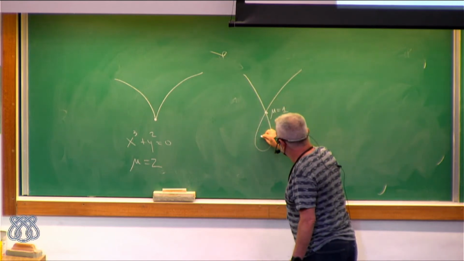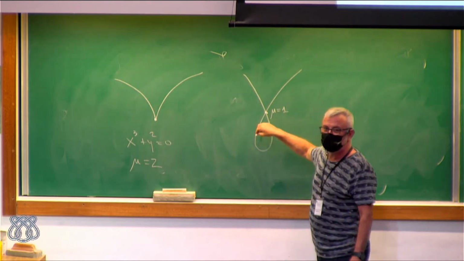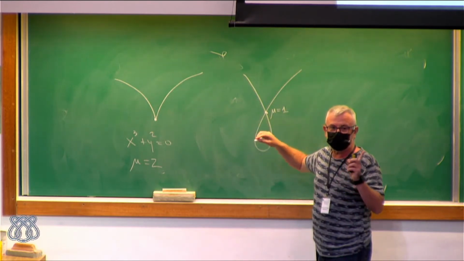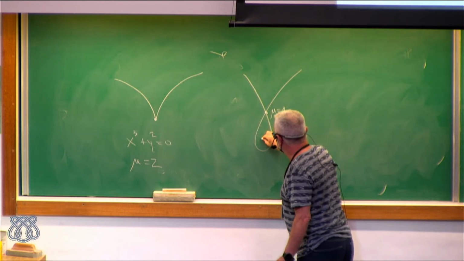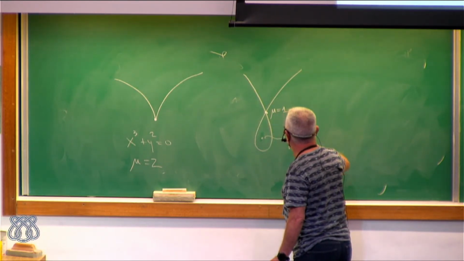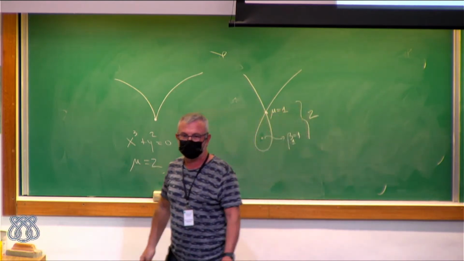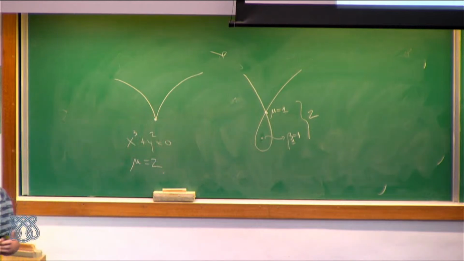But here you have some bubble. For this bubble, the Betti number is equal to 1, so this has beta_1 equal to 1. So the sum of the two gives 2, which is the Milnor number. Okay, so this is an example of this formula.